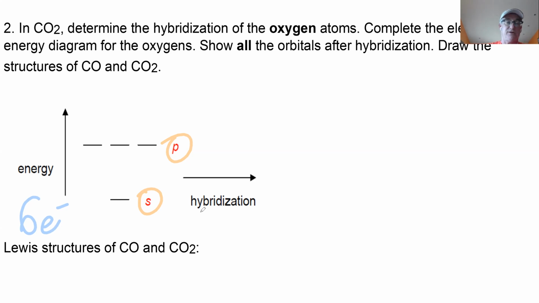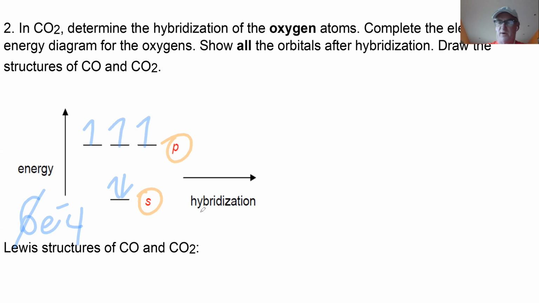2, right. 2 go into 2s. 1, 2. And where do we go from there? I got 4 left. One electron in each p. Very good. So I got 1, 2, 3.